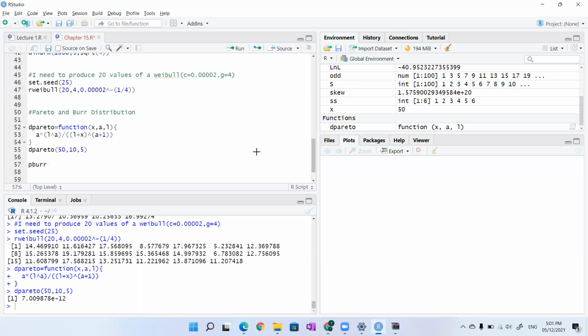P Burr is equal to function, okay, Q, A, L and G, four parameters.